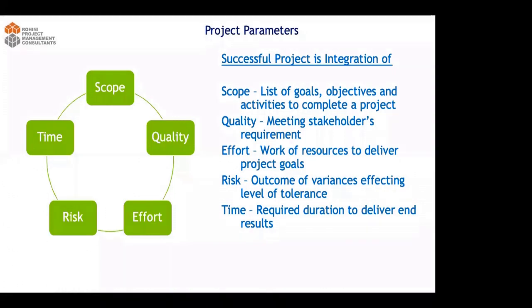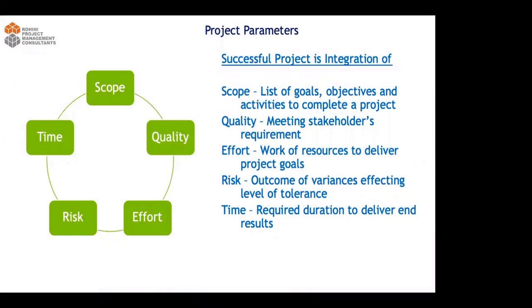So you have to be very clear on the scope, and based on the scope, you derive quality. Your efforts are the resources needed to deliver the project goals, risk has to be looked into, and obviously the time required for deriving the results. Now all this is connected.